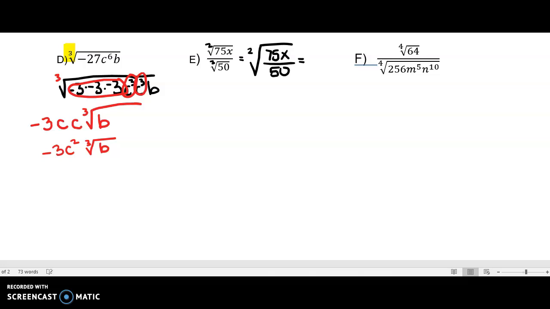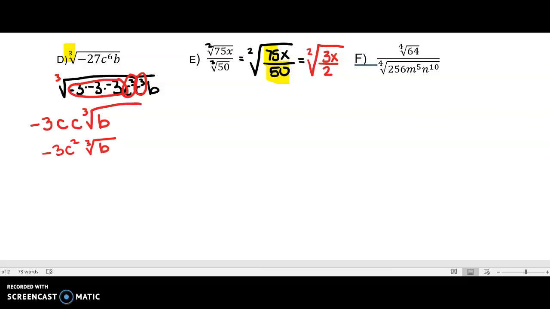Then I can reduce these 75 and 50 to become 3x over 2.